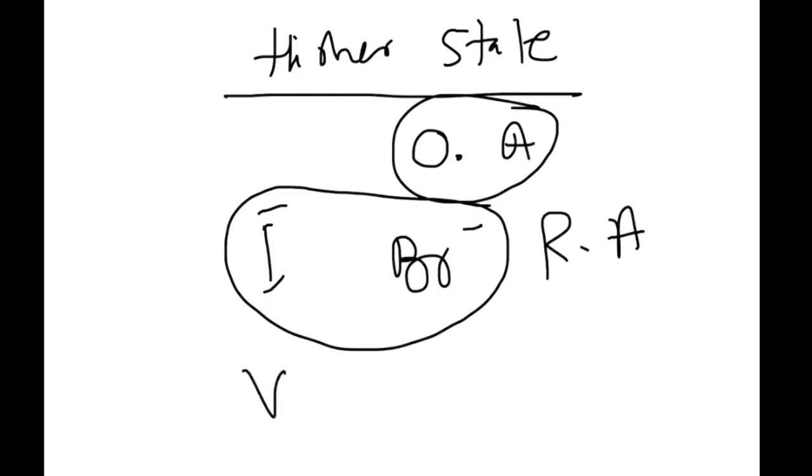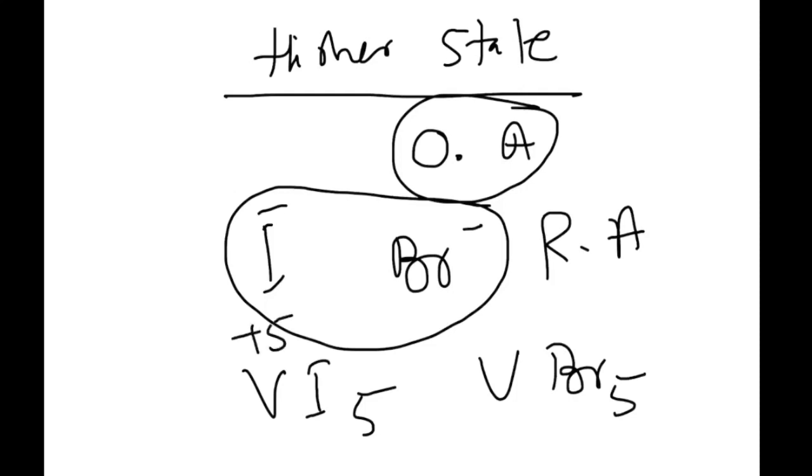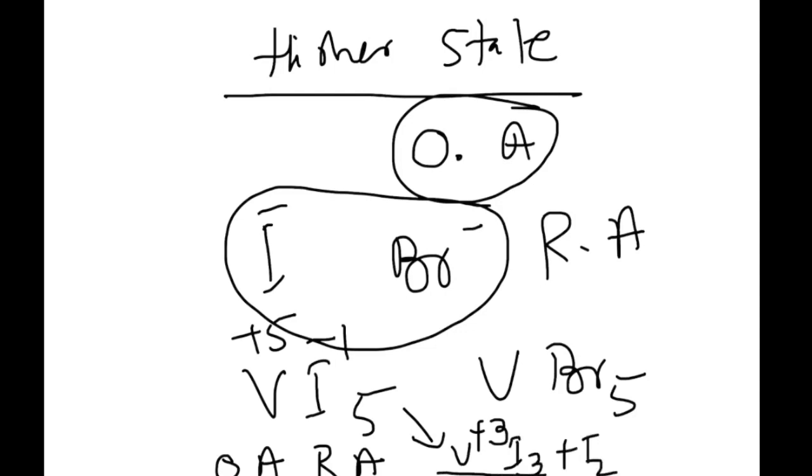For example, VI5 and VBr5 do not exist because vanadium +5 is in the highest oxidation state and can act as an oxidizing agent, and I minus is a reducing agent, so vanadium +5 is converted to vanadium 3 plus, and iodide I minus is converted to I2. So this converts to VI3 and I2.